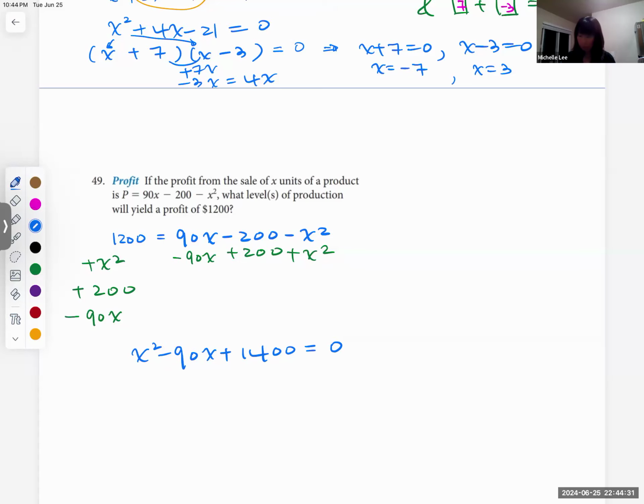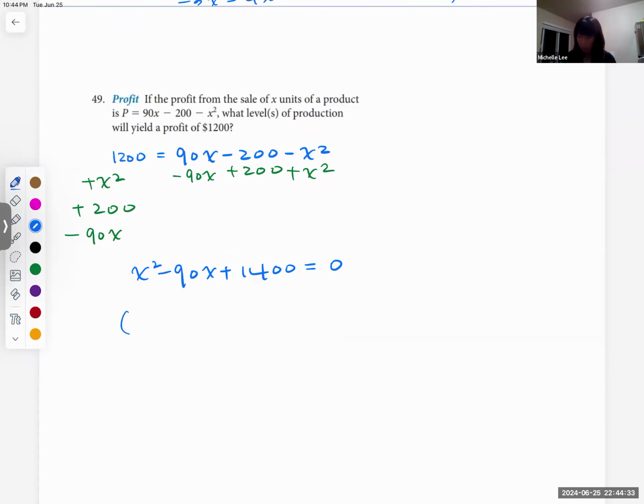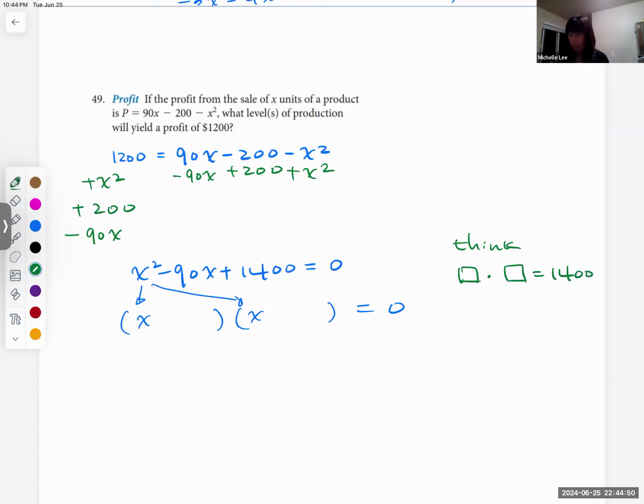Okay, now this one we can think of factoring something. So x squared is x times x. And now we need to think of two numbers that multiply to get 1400 and at the same time, when we add them, give negative 90, right?